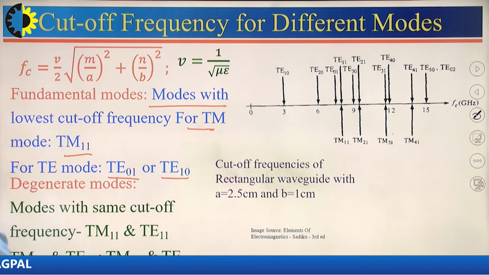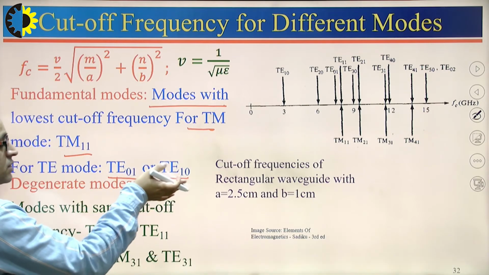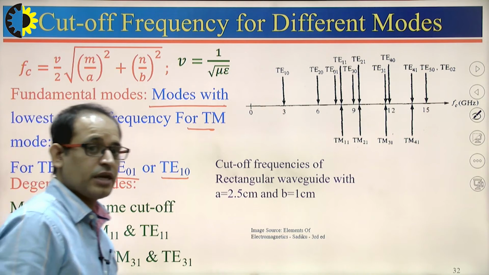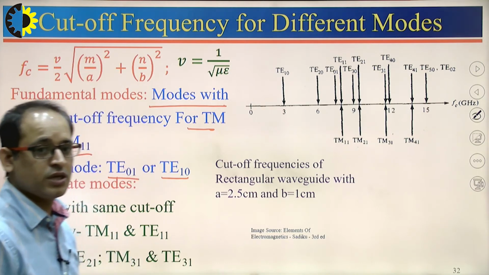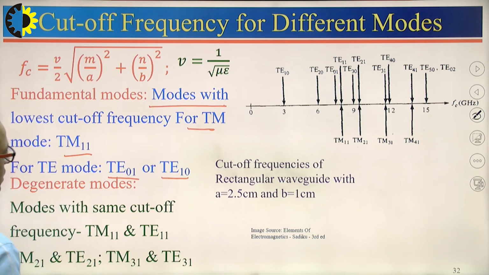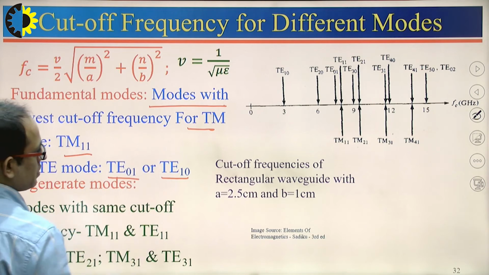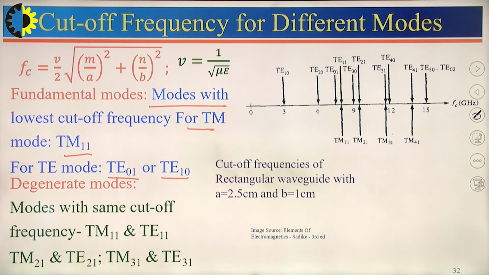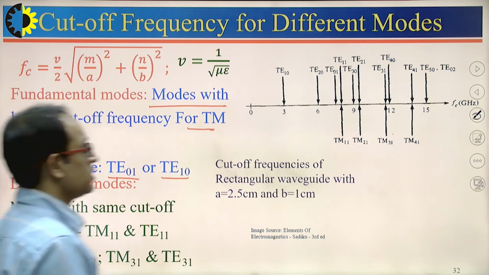Clear? That depends on the condition, what is the dimension of a and b. Generally, a is greater than b. So we will see that TE10 will be the dominant mode. Is it clear? Now see this one also.